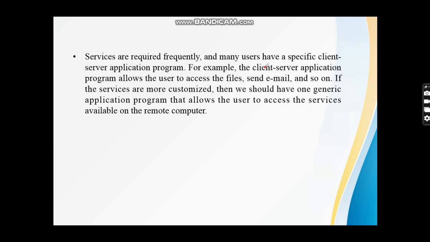For example, a client-server application program allows the user to access files, send email, and so on. If the services are more customized, then we should have one generic application program that allows the user to access the services available on the remote computer.